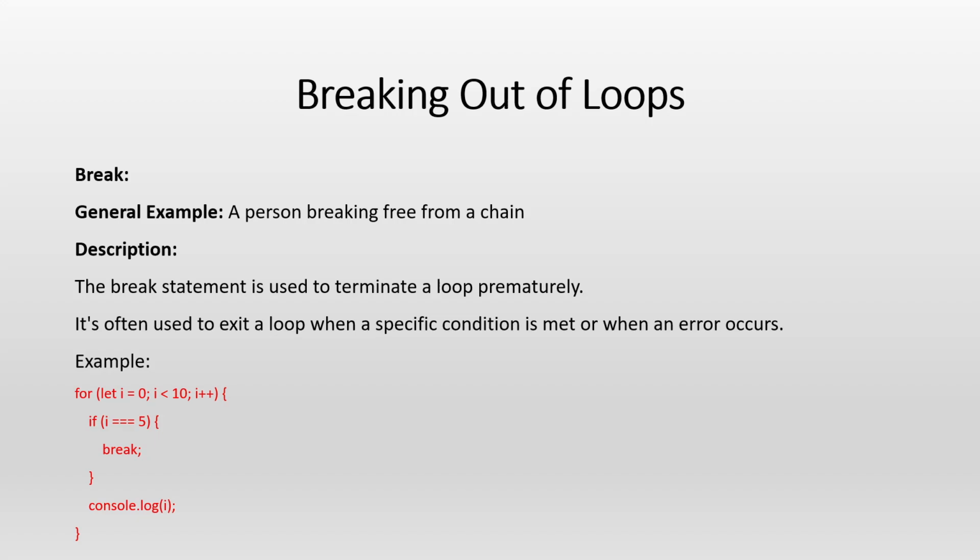In a similar way, if we have written some program and some condition is met, like the condition became true, at that time we want to stop that code. For that purpose, we are going to use this break.